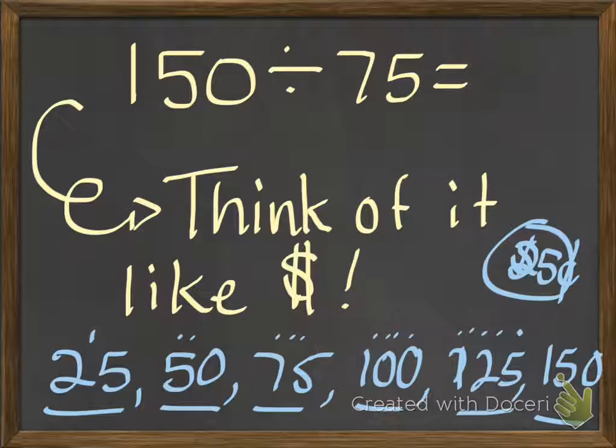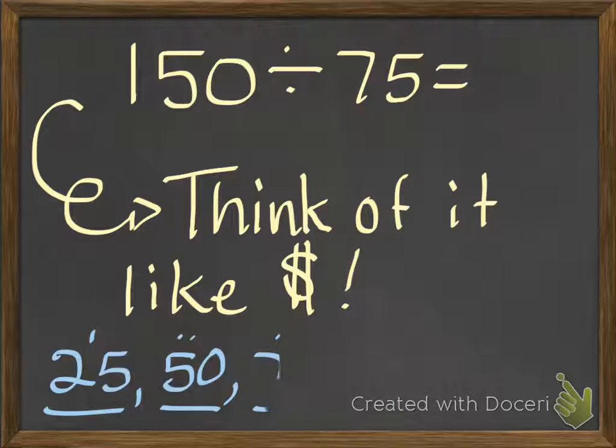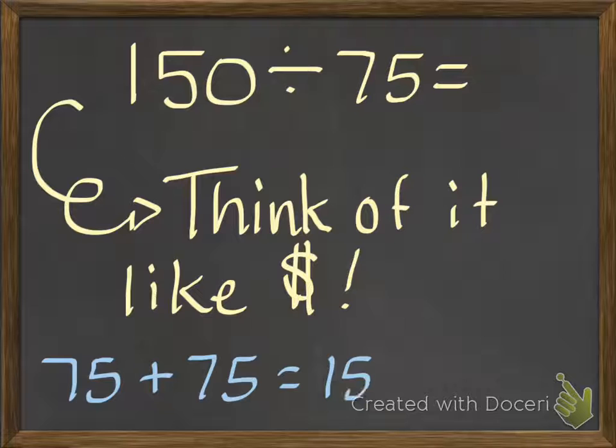Let me erase a little bit here and get some room. And now I can solve my problem, because I know that if I had 75 cents plus 75 cents, that equals $1.50. You know what that means, right?